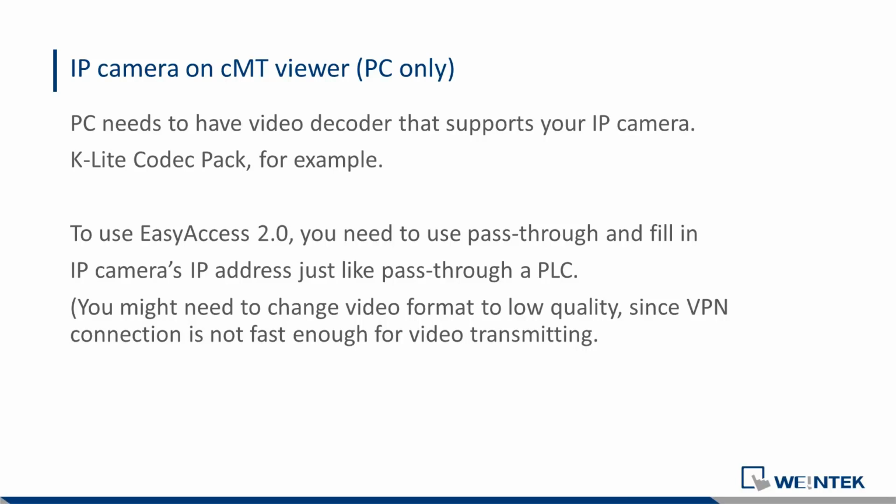But because Easy Access 2.0 is using a VPN connection and the internet speed is not so fast, sometimes you might need to change the video's format to lower quality, in case the VPN is not fast enough to transmit the image. So these are two things about our IP camera on CMT viewer.